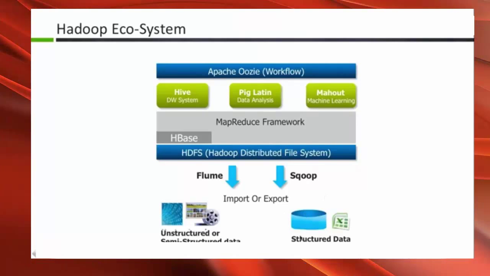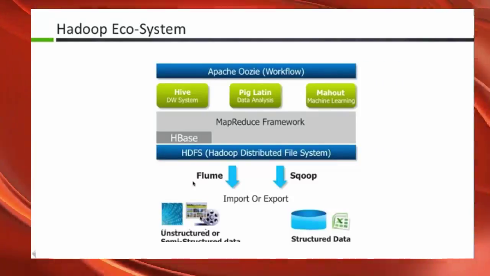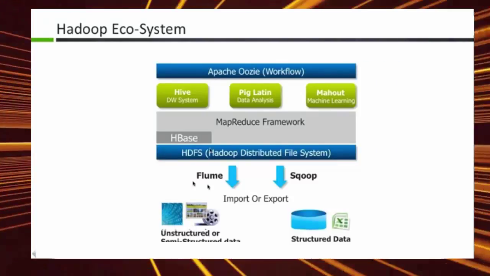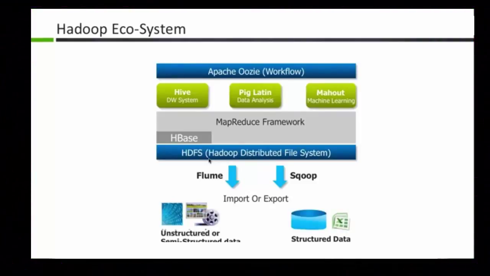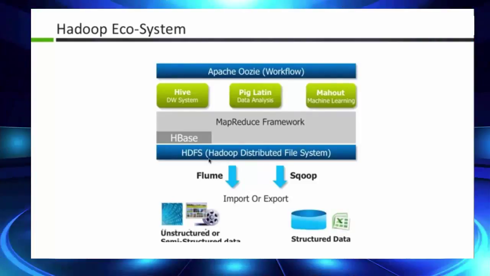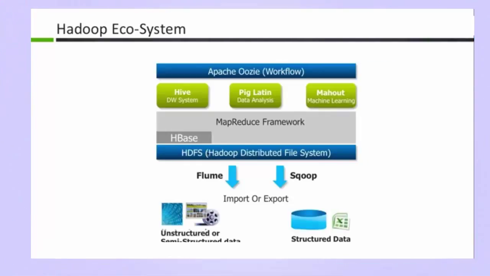We'll be talking about data loading techniques. Flume is used to import unstructured or semi-structured data into Hadoop. Say you have data which is on the web, and you want to move that data using an API into Hadoop. A common example could be Twitter data which you want to move into Hadoop.